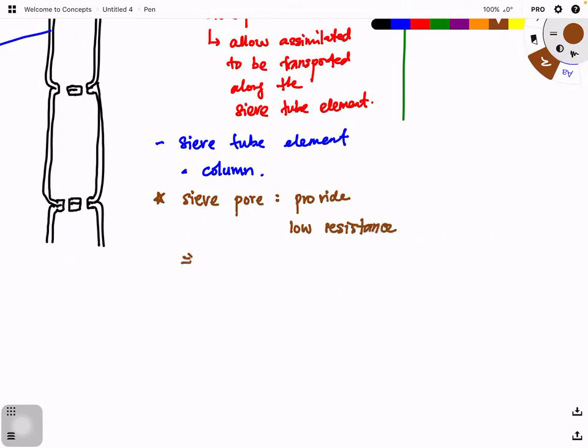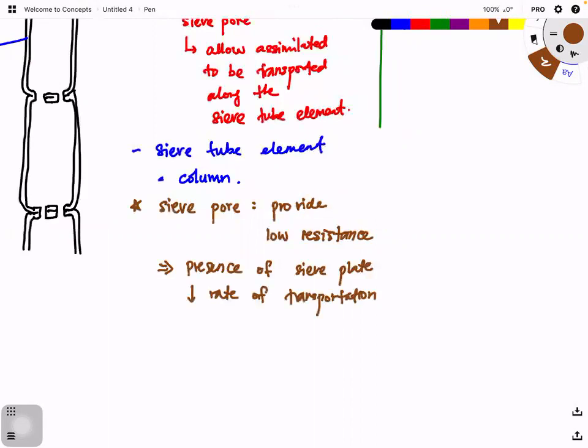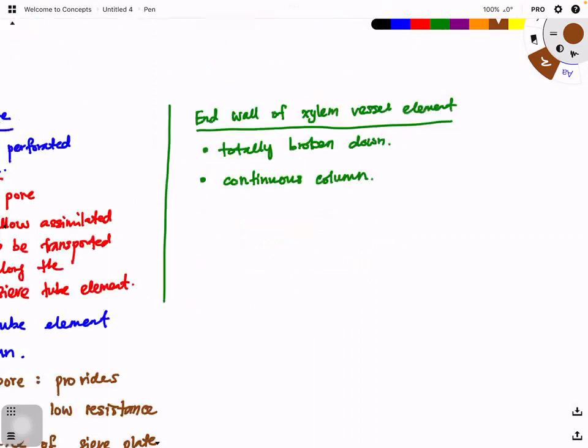But the presence of the sieve plate actually lowers the rate of transportation. The sieve pore does provide low resistance, but the sieve plate definitely lowers the rate of transportation compared to the end wall that forms a continuous column, which means an increased rate of mass flow.